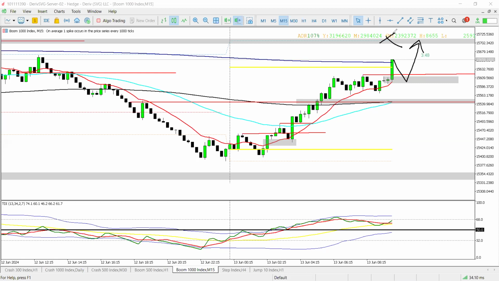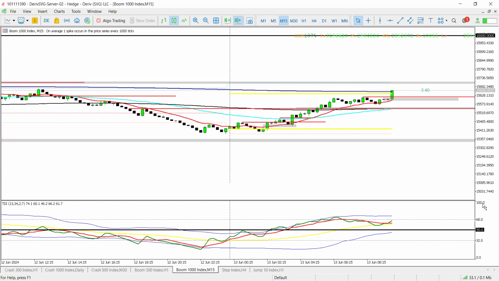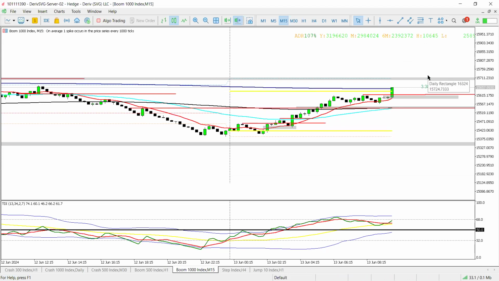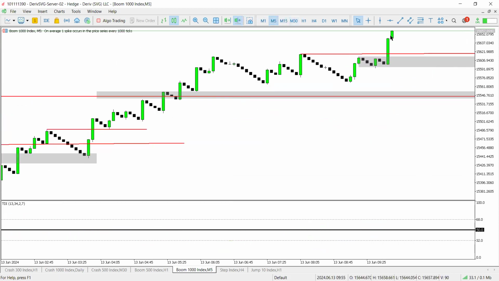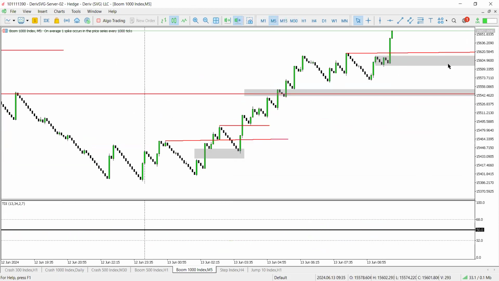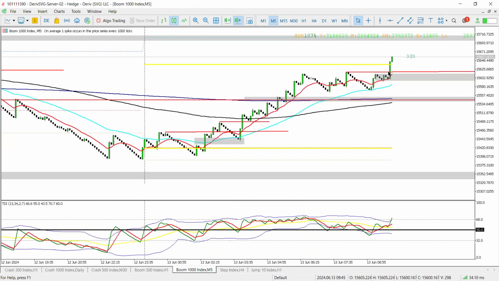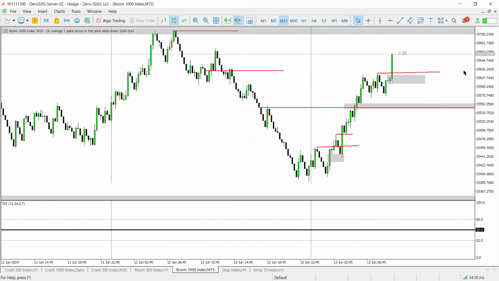But if price gets to the top right now, yes, they could retrace and continue, but then I'll need more confluences for me to actually consider a buy. Maybe I'll need to break above that gray zone we have, on the range which we drew. Then I might look for a continuation buy. But as it looks right now, I'd rather wait for a retracement, then jump into the buys.